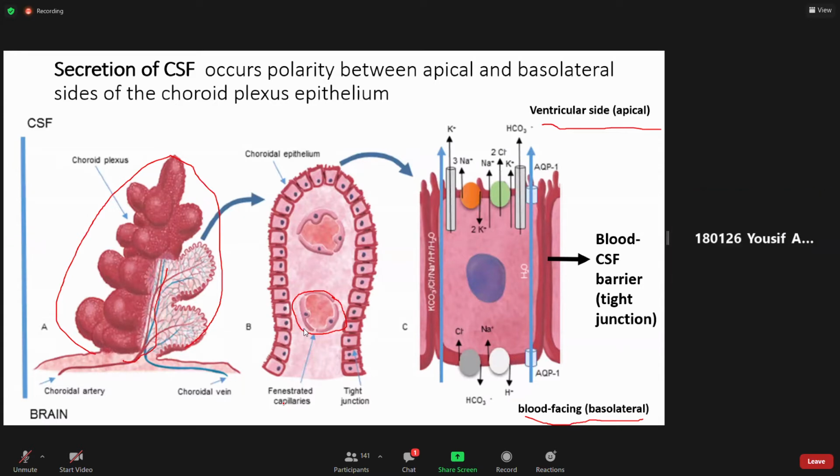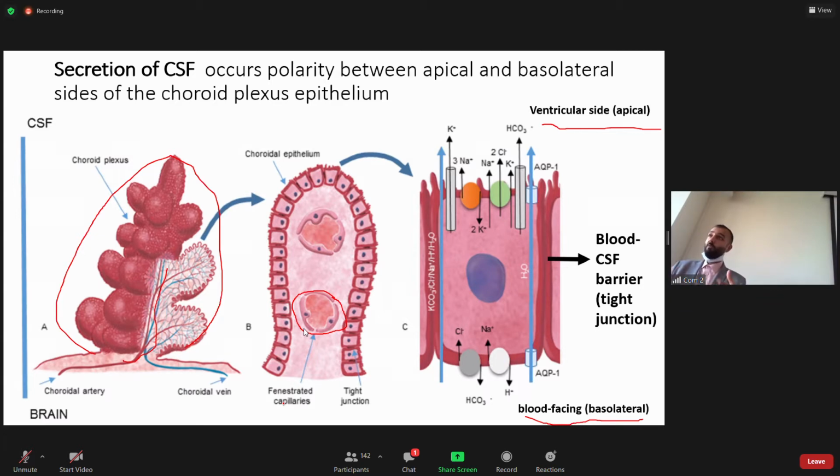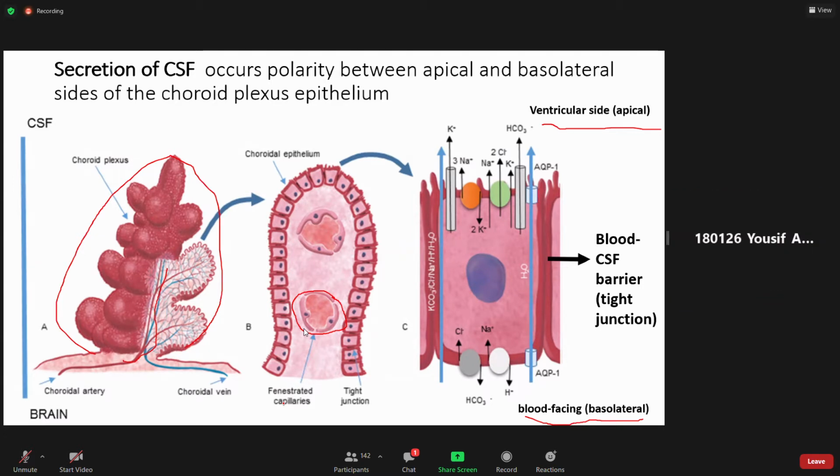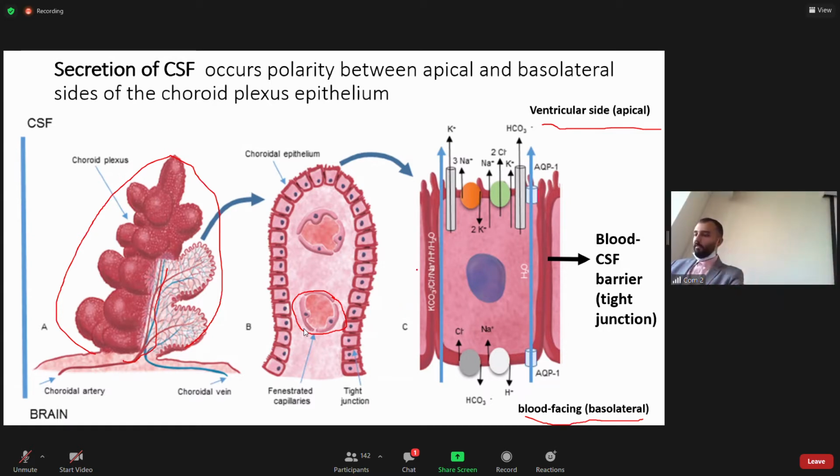Holes. So they allow substances to go through them. Good. Now, if we zoom in even further into just one cell, this is what we will see. As I said, this side is the ventricular side, and this side is the blood-facing side.